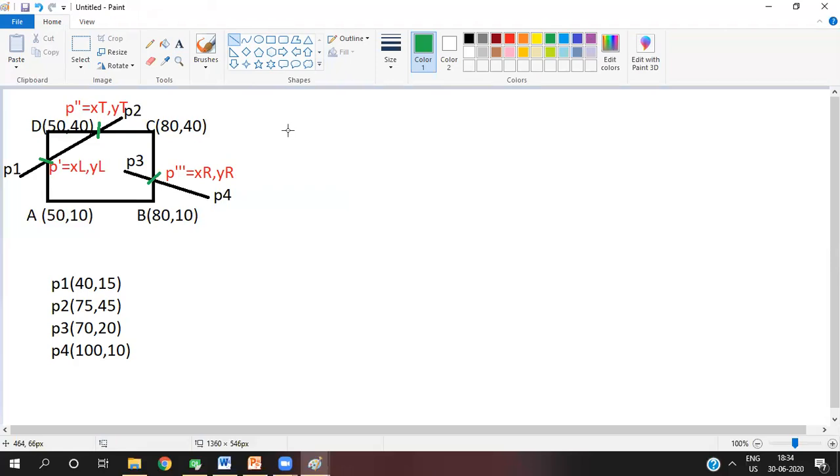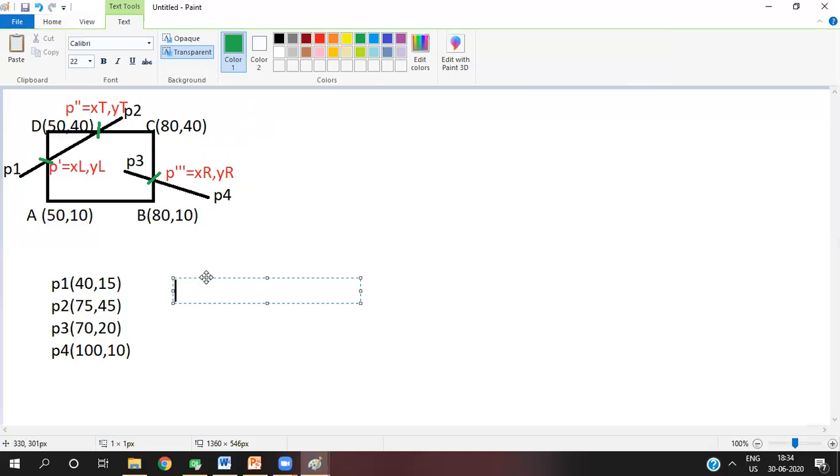Okay. So before calculating, first check the outcodes. Outcode for the left hand side is 0001. Fine. So for P1, I will just quickly write down the outcode. Outcode for P1 is 0001. Okay, region code or outcode you can say. For P2 it is at the top, so top is 8, that is 1000. What about P3?